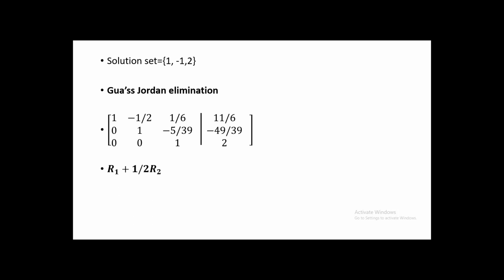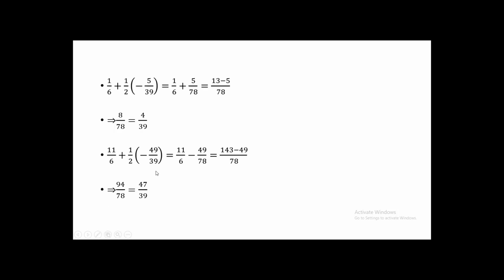In order to convert this part into an identity matrix, see, this is 1, the element before 1 is 0. Now the element above should also be equal to 0. So R1 plus 1 by 2 of R2. Here you get 0.